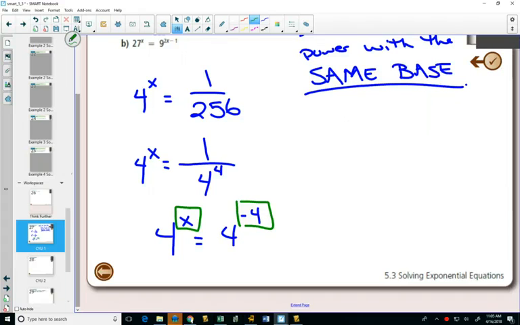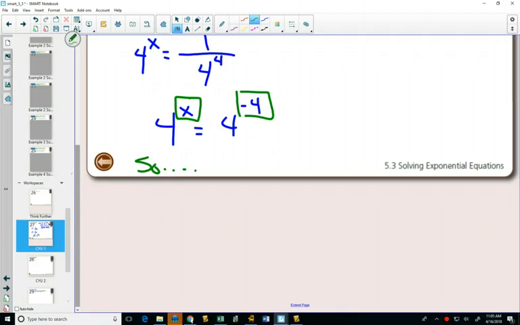Those somethings would have to be the same. And so once we get the bases the same, we're not doing anything mathematically here other than observation. If these are the same, x has to equal minus 4. That's the only thing that's possible. If x is anything else, they won't be equal.